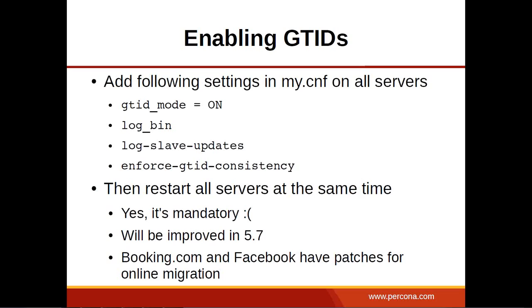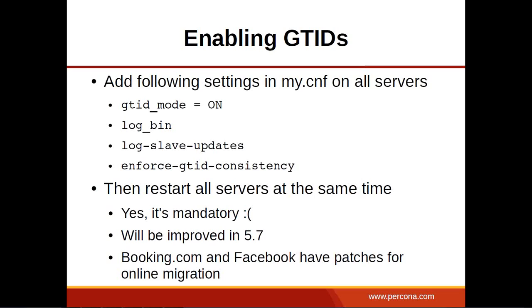But the real thing to know is that officially the only supported way to enable GTIDs is to take the downtime. That's one of the things that is improved in MariaDB's implementation, so you can enable GTID replication without downtime.